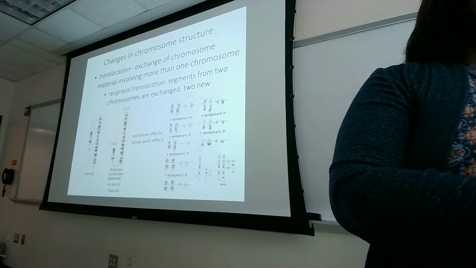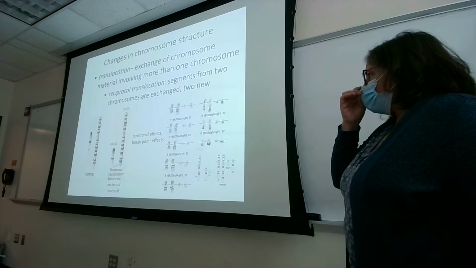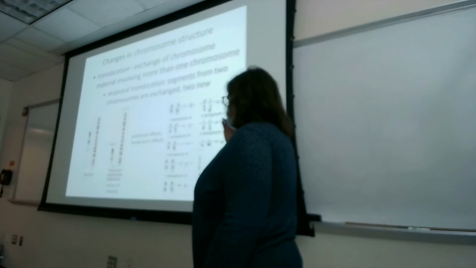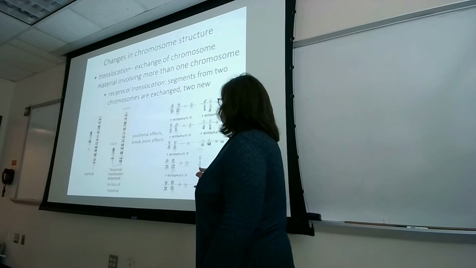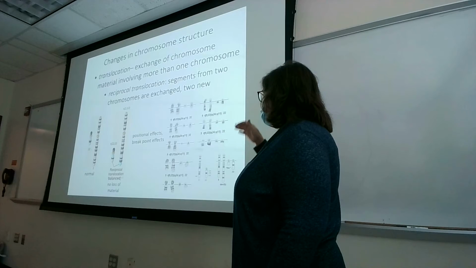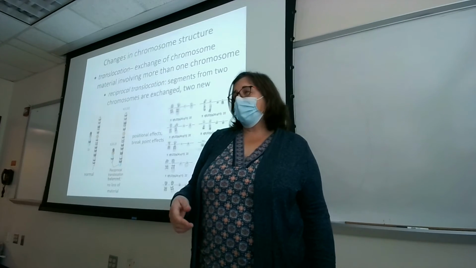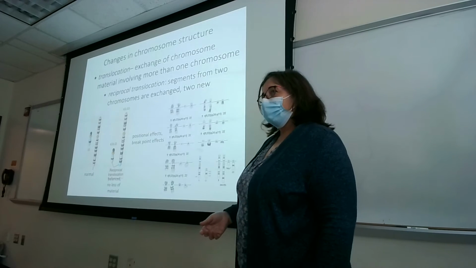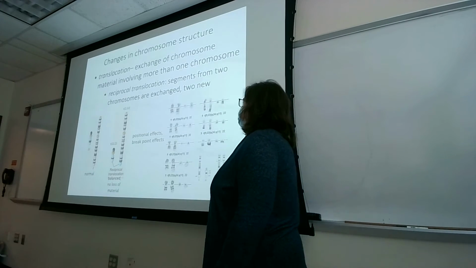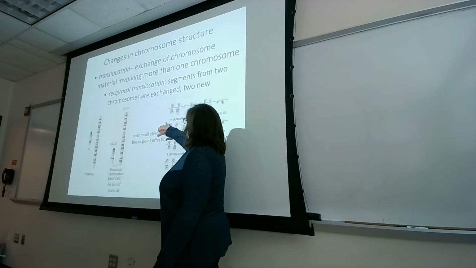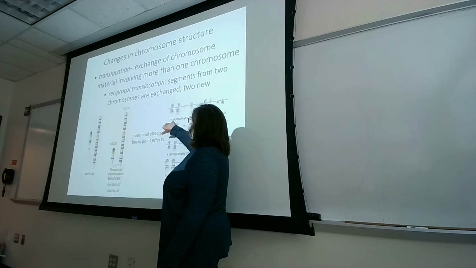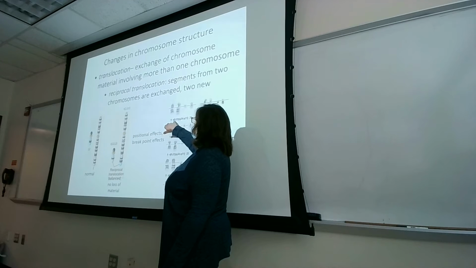Now, when we start looking at some translocations, some are more common than others. And this is an example of a bunch of different translocations between chromosome 9 and chromosome 22. And the way you would write that is you would say, we're dealing with chromosome 9, and then we also have a translocated chromosome 9 that has part of 22.